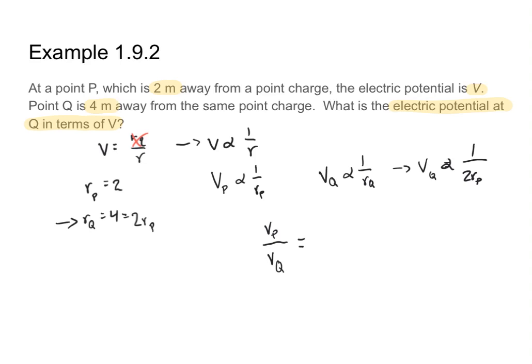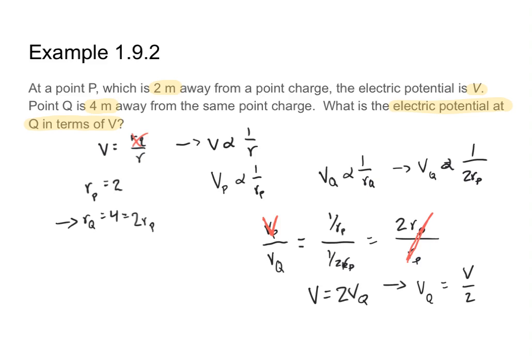So VP over VQ is equal to 1 over rP over 1 over 2rP, or it's equal to 2rP over rP, and again, as before, our rP's will cancel, and I can also replace VP with just my plain V. So what I'll get then is that V is equal to 2VQ, or VQ is equal to V over 2.